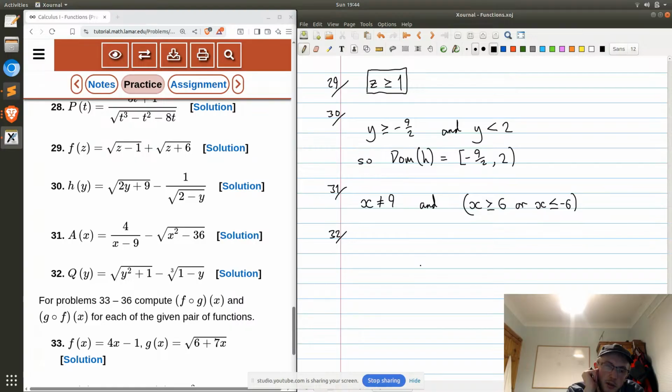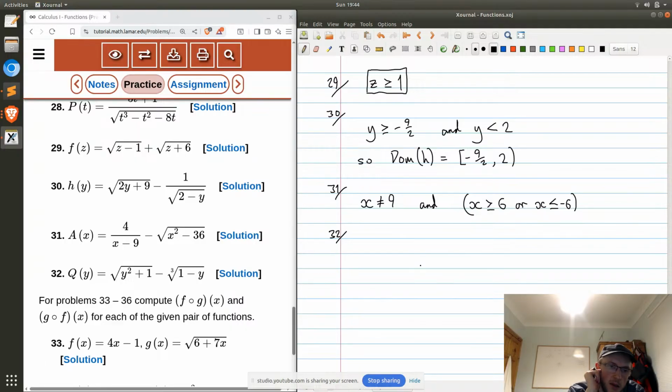Okay, and now for 32. All right, so the first side doesn't restrict y in any way. But for the second one, we've got the cube root of 1 take y. I think that's fine.